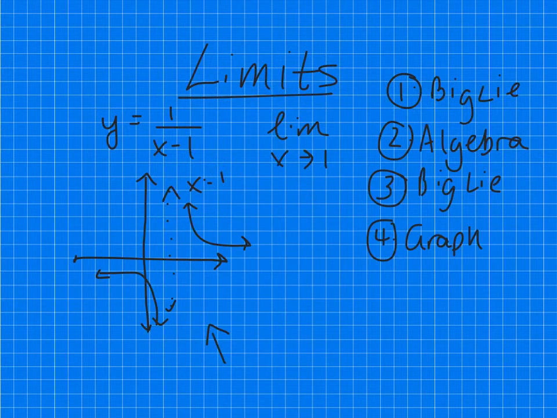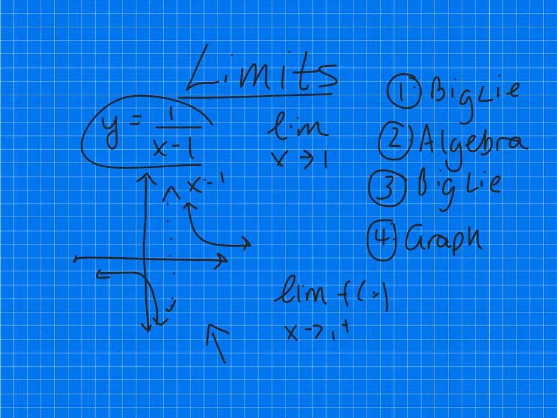So if you look, for limits, you have to look at the function from both sides, both the positive and the negative side. So let's look at this function. So the limit of f of x, which is this function up here, as x approaches 1 from the positive side.